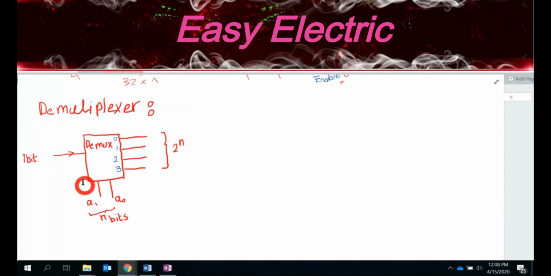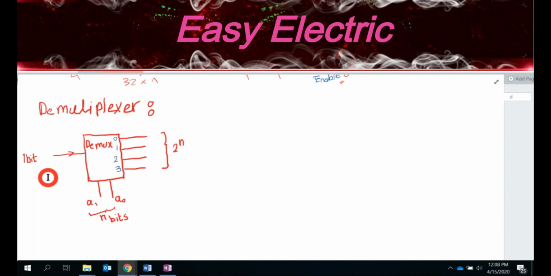So whenever that is 0, 0, it connects the 1 input to output 0. Whenever this is 1, it connects this to the 1. Whenever that's 2, it connects this to the 2. Whenever that is 3, it connects this to the 3. Okay. Exactly the opposite of the multiplexer.